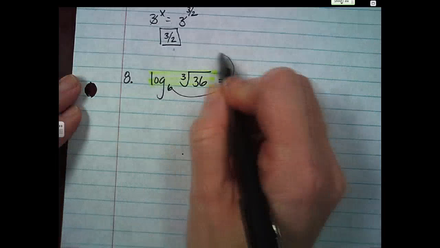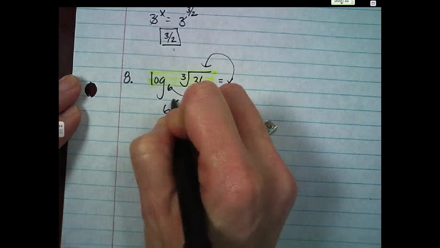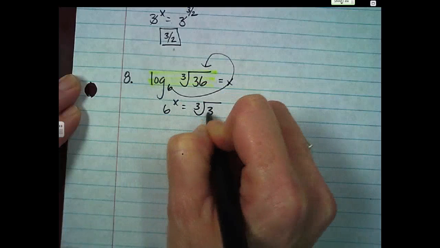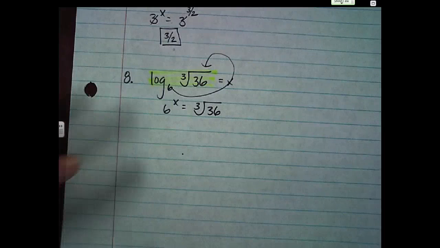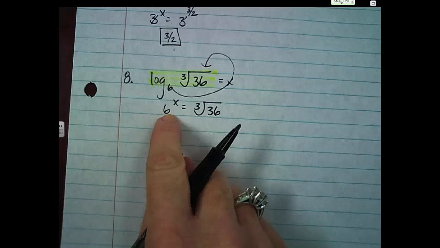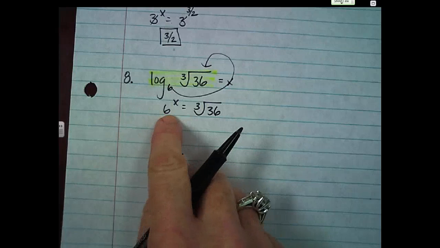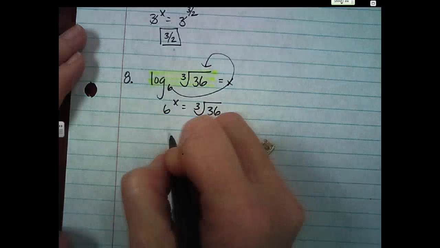So you're going to go this way: 6 to what power gets me the cube root of 36? When we can't do it, what's the trick I told you? Use the common what? Common base, yeah. Is there any other way to write 6? No, 2 squared, nothing works. So we're going to leave the 6 alone. So 6 to the x.